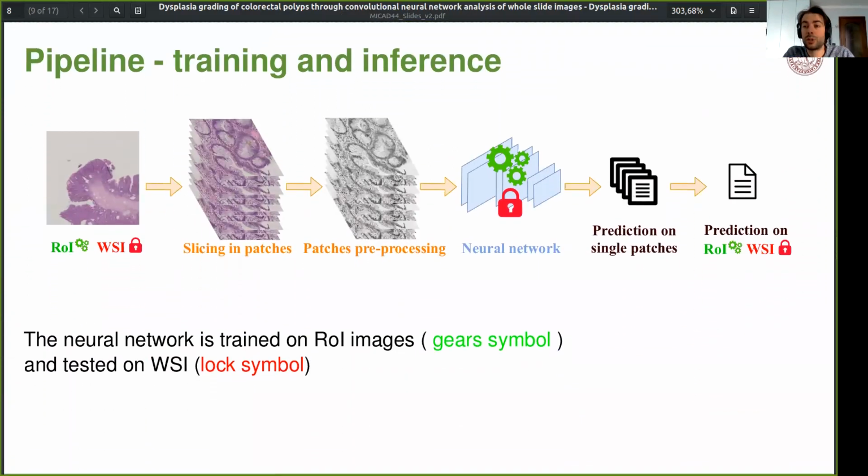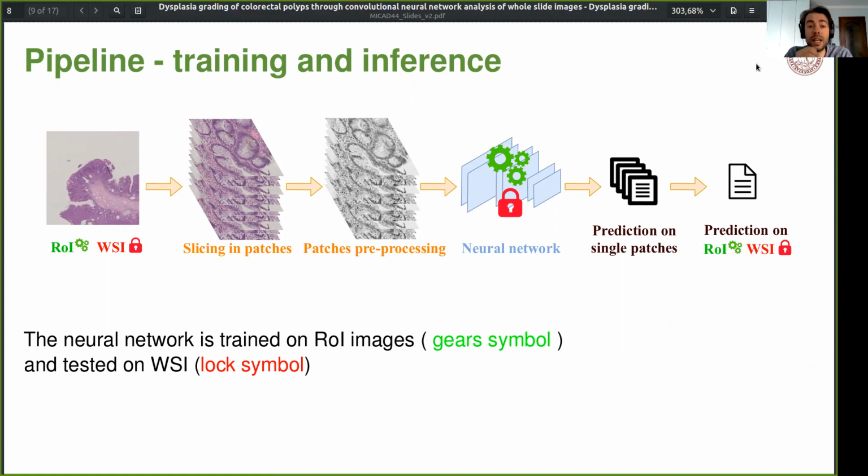Now I will show you our work pipeline. An image for the training is a region of interest, that we slice into patches, pre-process those patches, feed the neural network and train on that. And we have a prediction for each single patch.